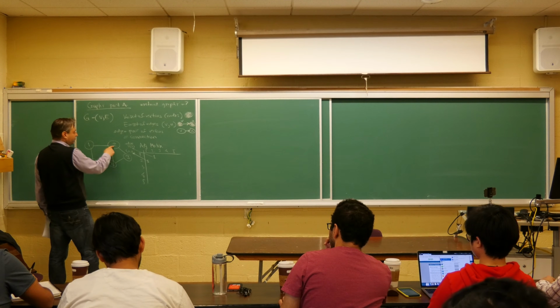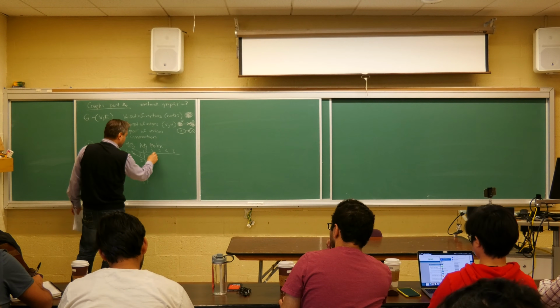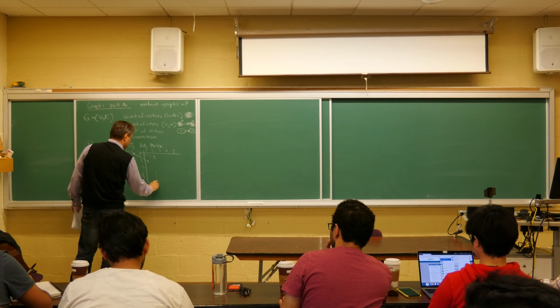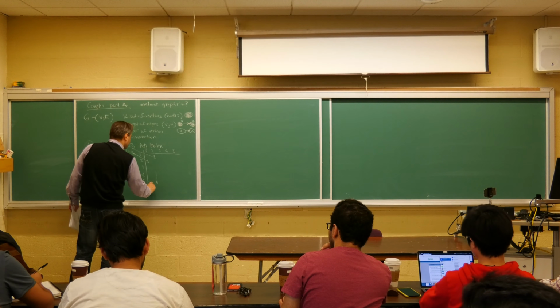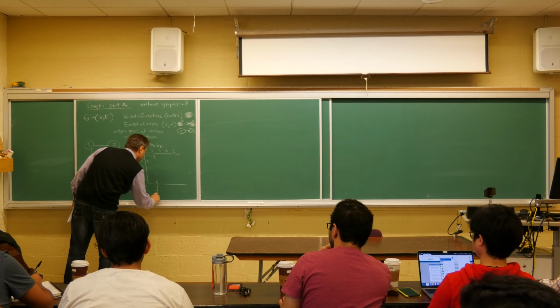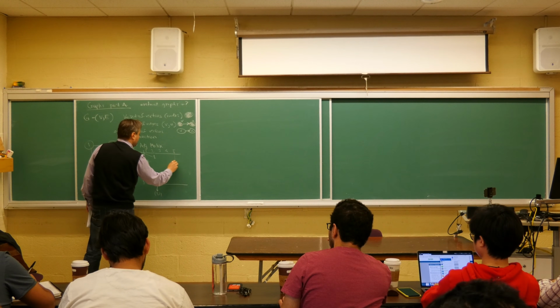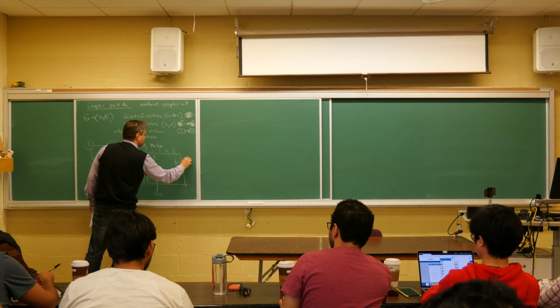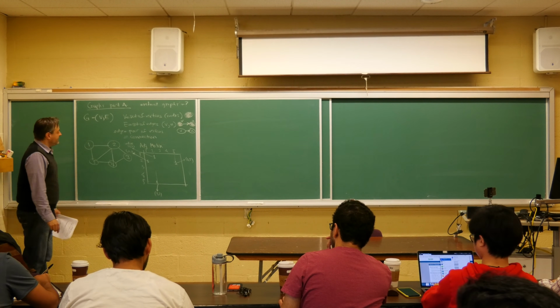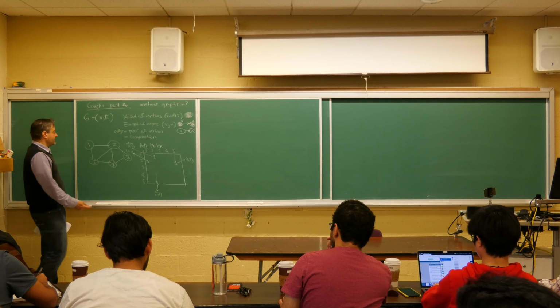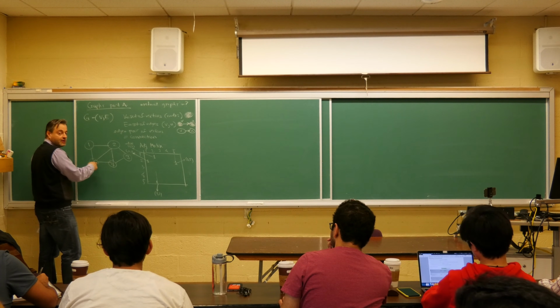Or let's say 5, 2. 5, 2 would be right here, that's a 1. So this is edge 5, 2, and 2, 5, it's right here, that's a 1. So this is edge 2, 5. And everything that's not an edge, for example, what's not an edge? 5, 3, right?